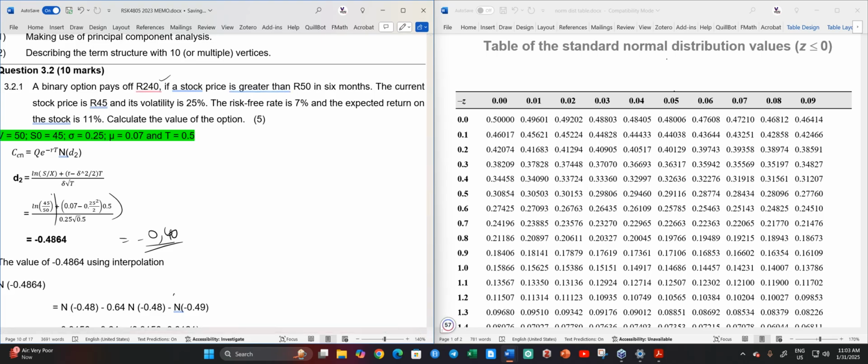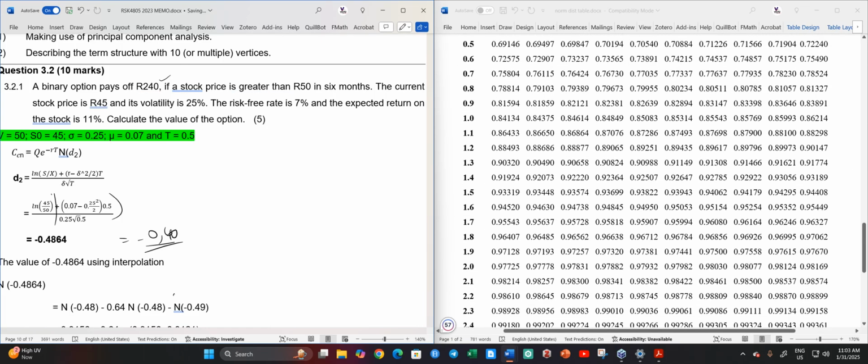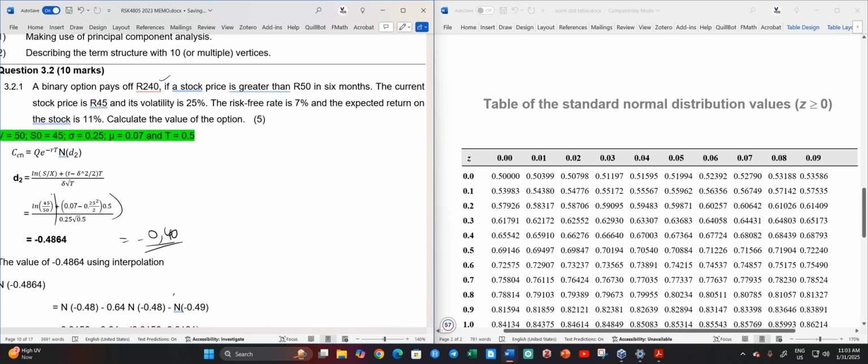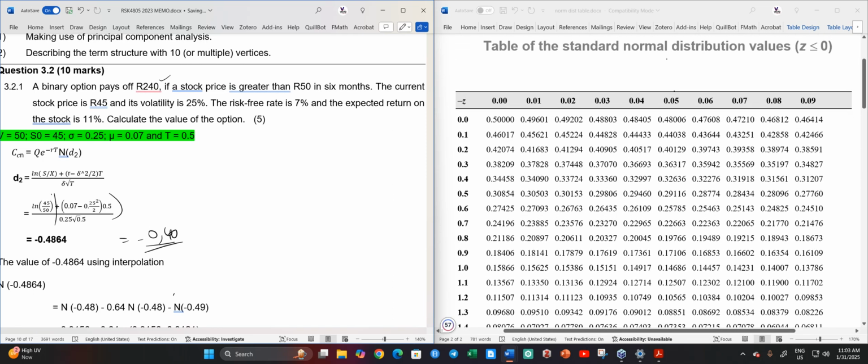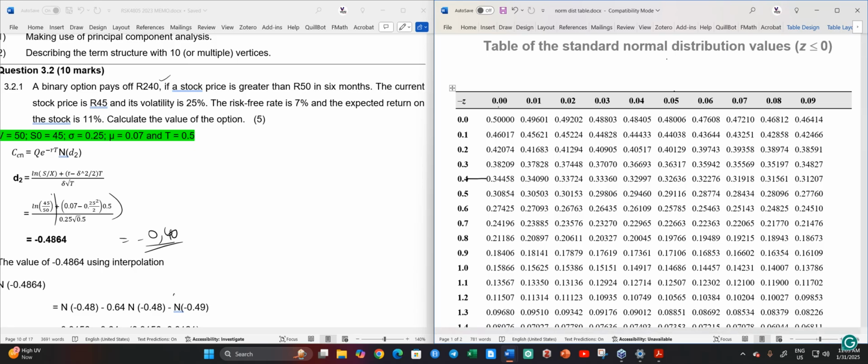Some tables give you negative values, minus 0.0, minus 0.1, minus 0.2, and if there are positives, there's a table of positive values, right? So if our answer was minus 0.4, we just draw a line from this side, and there's also 0.0. If we add 0.4 plus 0.0, we get 0.4. So we draw another line here, and that is our answer.